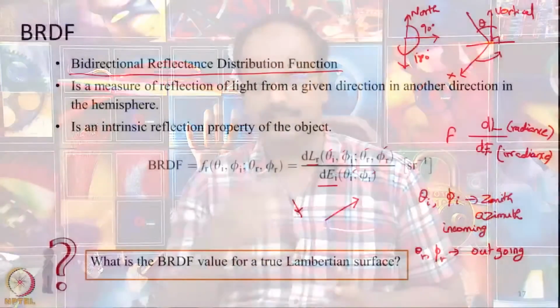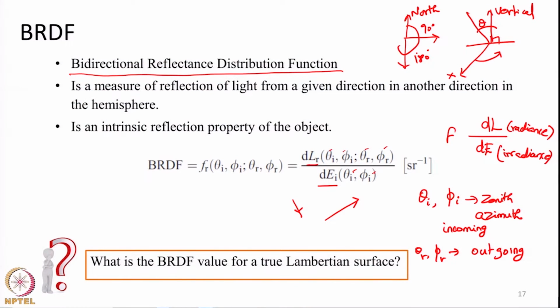So this BRDF is a mathematical function which will tell us how an object will behave for incoming and outgoing radiation in almost all possible combinations. For a given theta i and phi i and a given theta r and phi r, what is the ratio dL by dE? This is BRDF. Essentially it is one mathematical function.